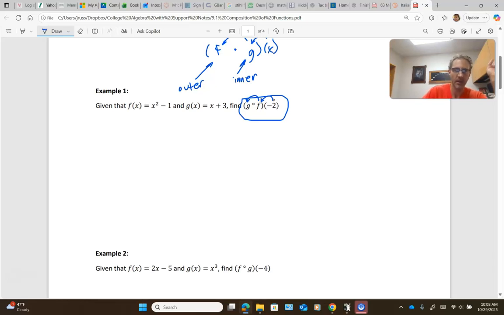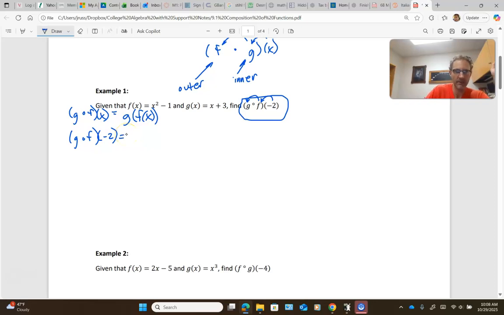But because this is a math class, I'm going to utilize the actual definition. The definition says that g composed of f of x is equal to g evaluated at f of x. We know the value of x, it's -2.